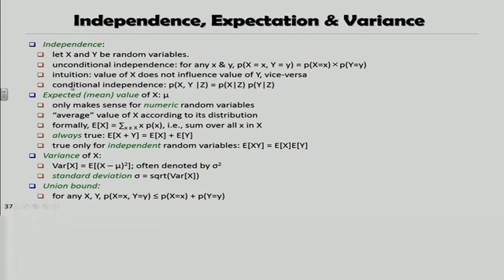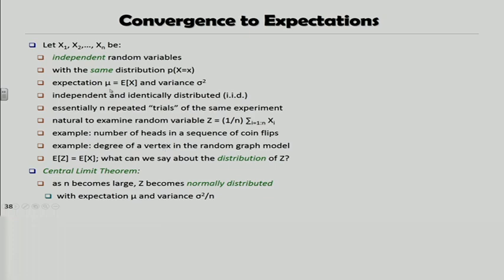And there could be some expected value. If the random variables are independent, the expected value has this kind of relationship. You can calculate variance and standard deviation. There are lots of properties that I will not give in general.